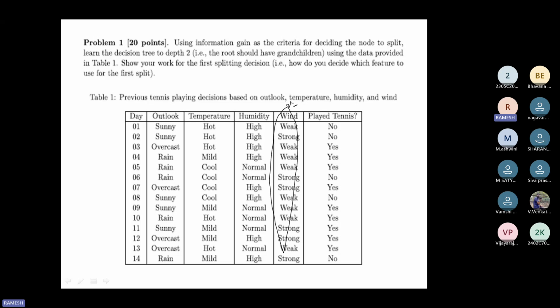The wind values are repeated over two only, weak wind and strong wind, weak wind, strong wind. So what is the entropy of this wind with respect to the target variable? We will calculate the entropy of wind with respect to the target variable.